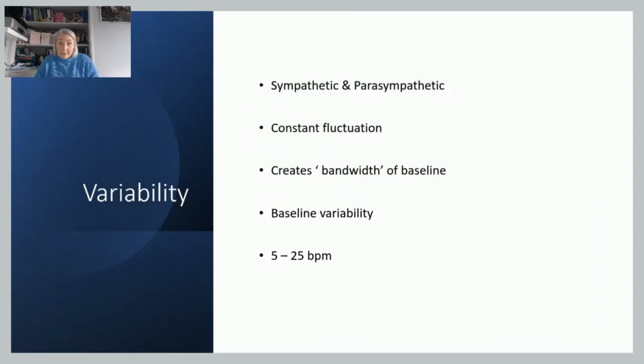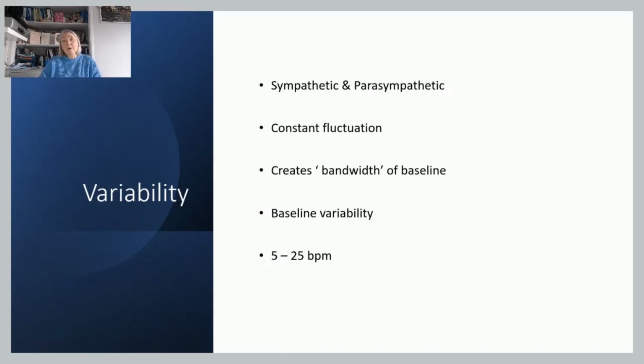So looking at variability now, we have still got our sympathetic and parasympathetic that are interacting with each other constantly. However, you've also got this constant fluctuation as one's trying to push the heart rate up and one's trying to push the heart rate down. It's going to create a bandwidth, and this is what gives us our baseline variability. And so that will be between 5 and 25 beats a minute.